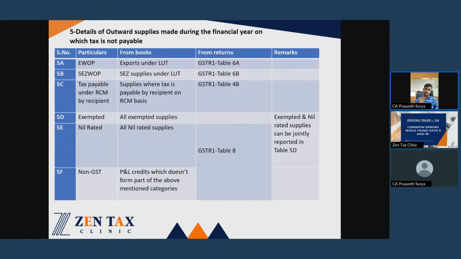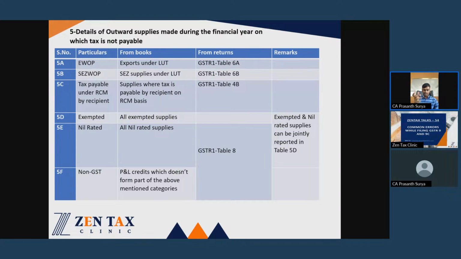If you have not done it in GSTR3B returns, please do it at least now, because the interest gets accumulated. The department will definitely issue a notice when you have reported some transaction, even if it is interest, because here there is no specific provision for you to say what is the exempted supply. You can only report the total value of exempted supplies.